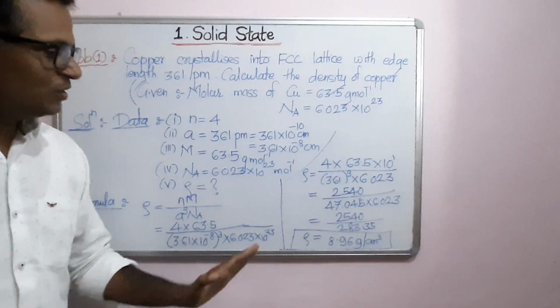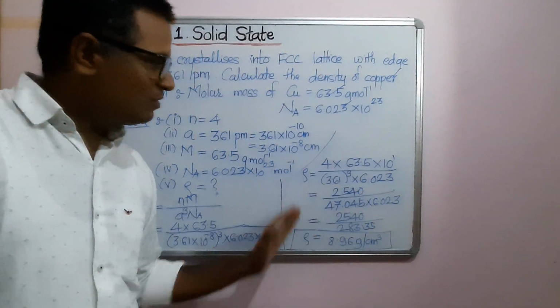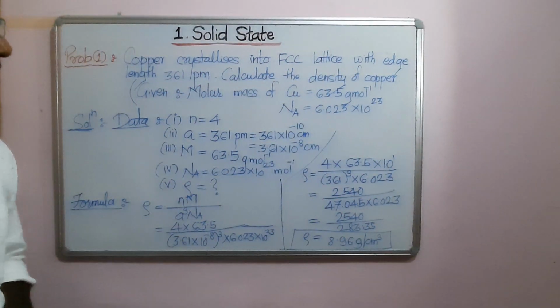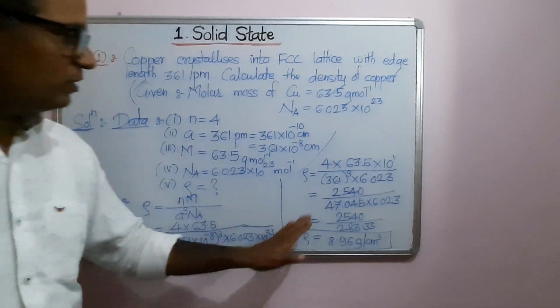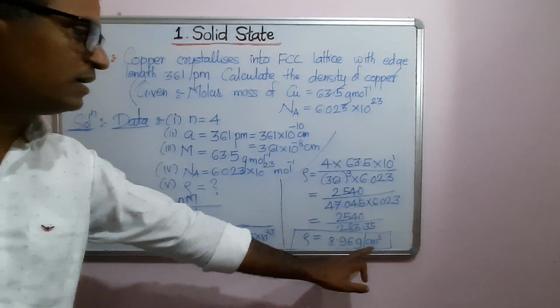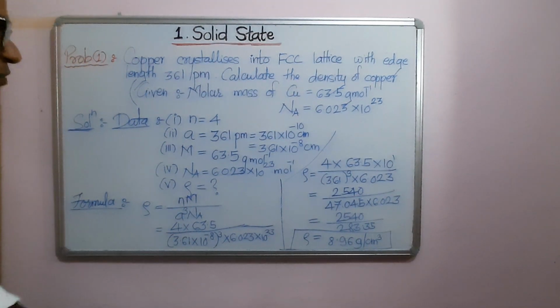So this is how you have to solve the problems. Remember, you have to solve this calculation with the help of a log table only. Do the calculations properly and you will get the density. And remember, this must be in gram per centimeter cube.